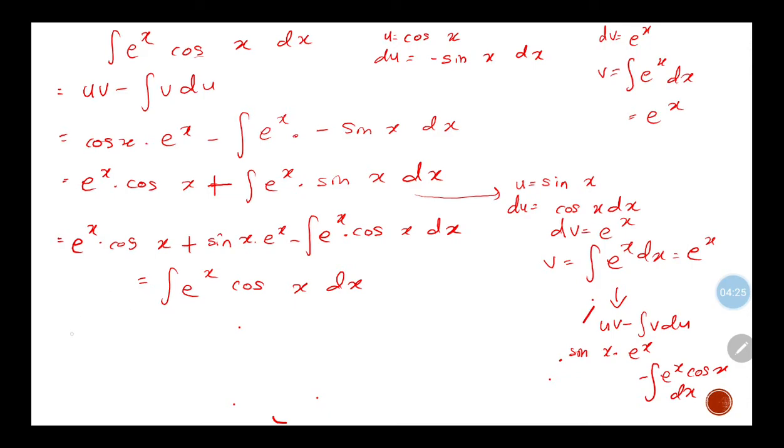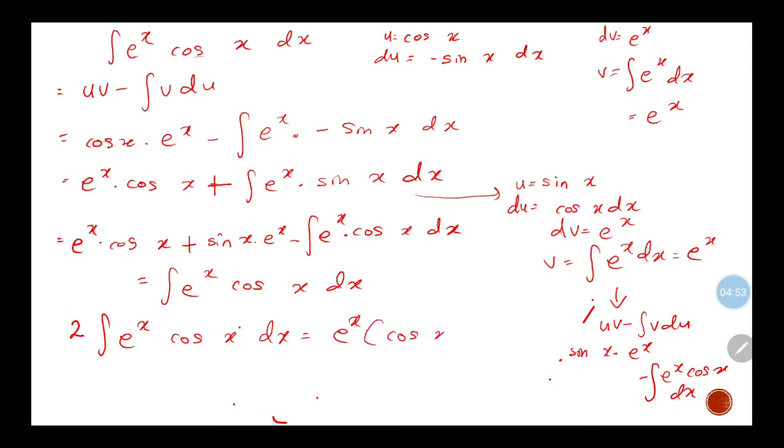So what do we have now? We move the integration of e^x cos x to the left hand side. So you have 2 times the integral of e^x cos x dx equal to e. Okay, now you can pull together the exponential function e^x.